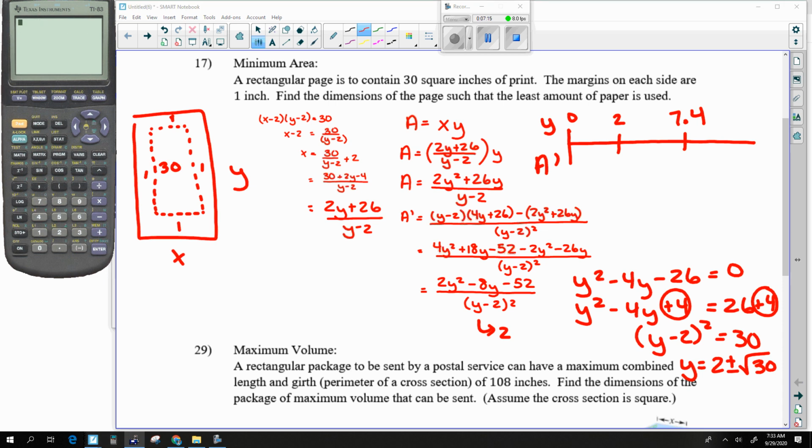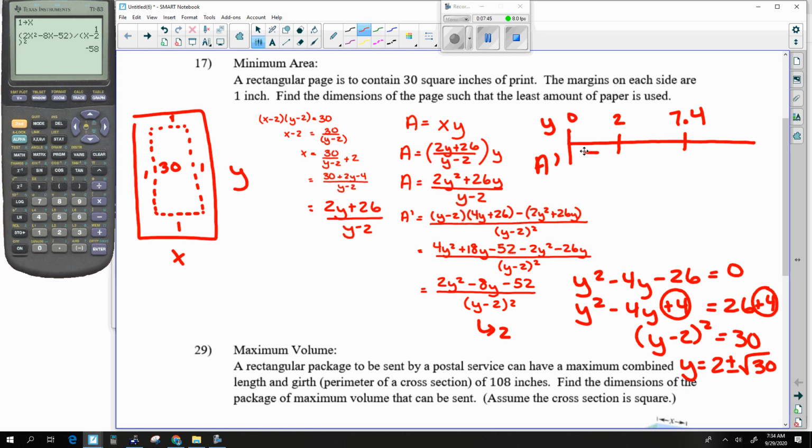Okay, so let's test this into the derivative. So let's take a small number like 1. Test this out. So this is 2x squared minus 8x minus 52, that should be all in parentheses, divided by x minus 2 squared. Okay, negative.